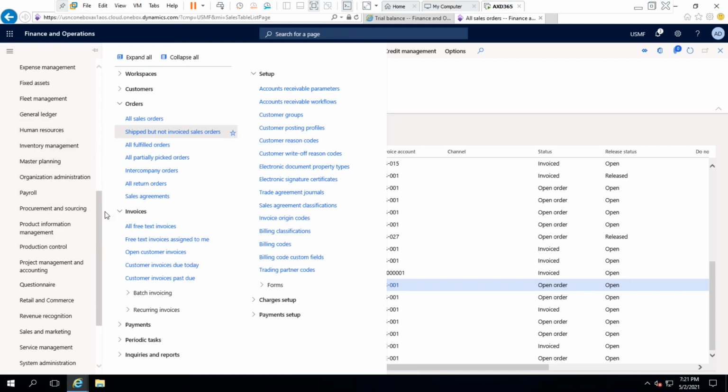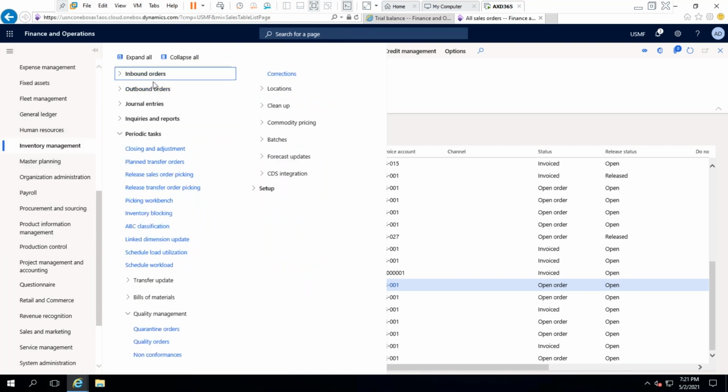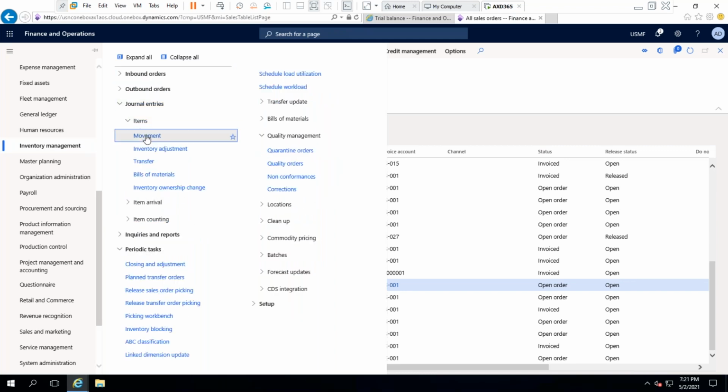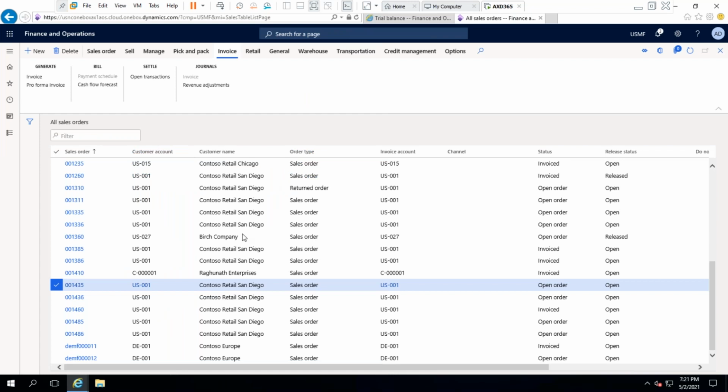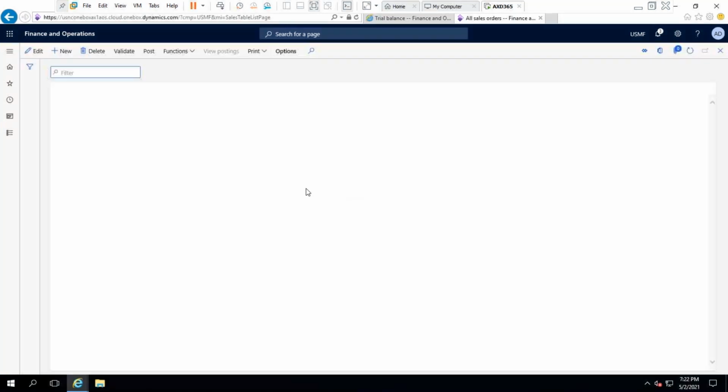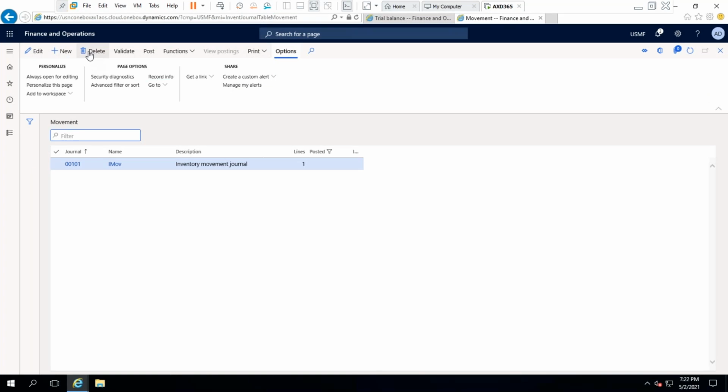Inventory management, journal entries, items, movement journal. In this, we'll enter the opening stock. Whatever quantity is available, everything you need to upload. So click new and enter the details.